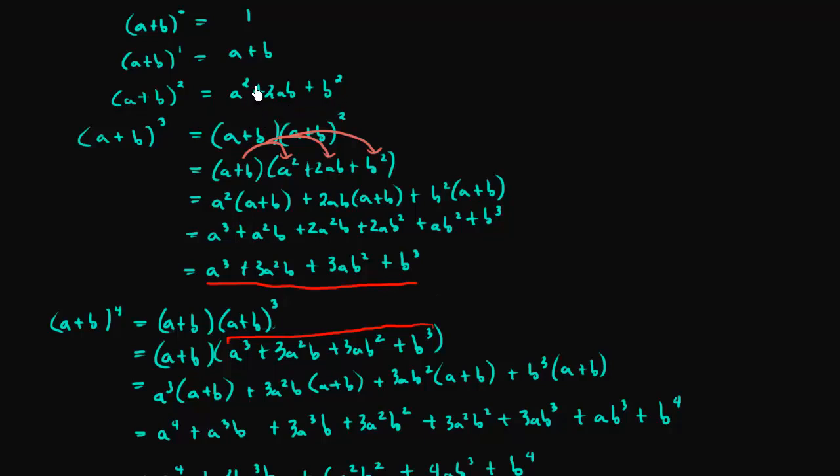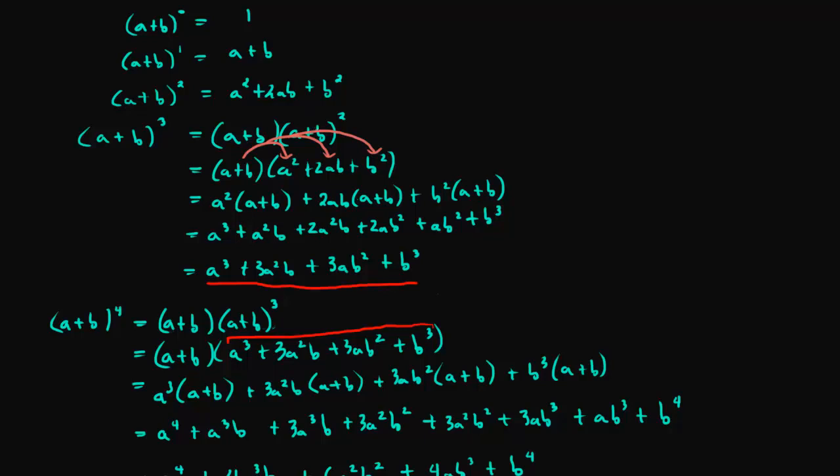Another thing to notice is that the way we've written this is descending in a, so that the first term is a^2, the second term is a^1, and the third term is a^0. And it's ascending in b: b^0, b^1, b^2. So with each successive term, the exponent of a decreases and the exponent of b increases.